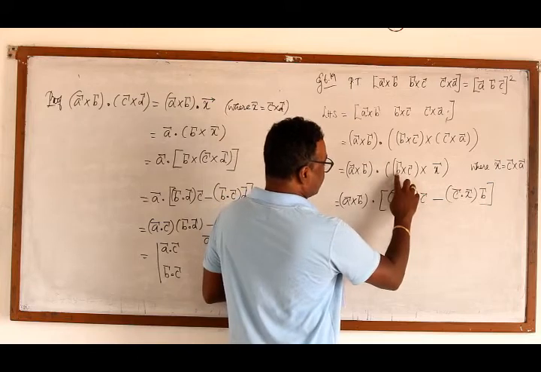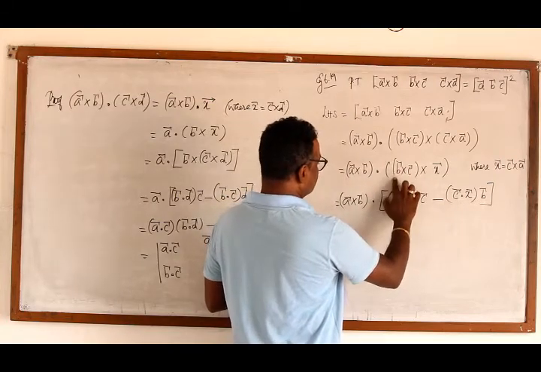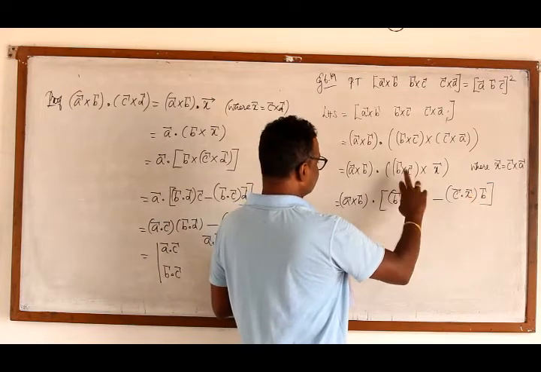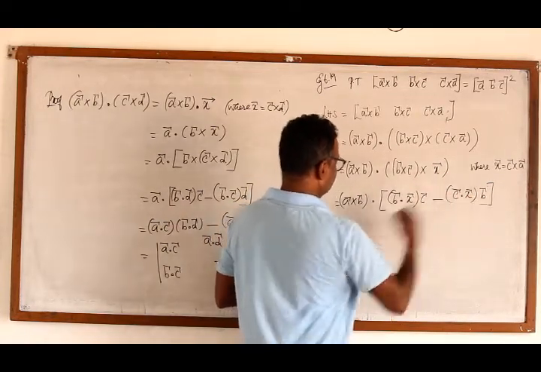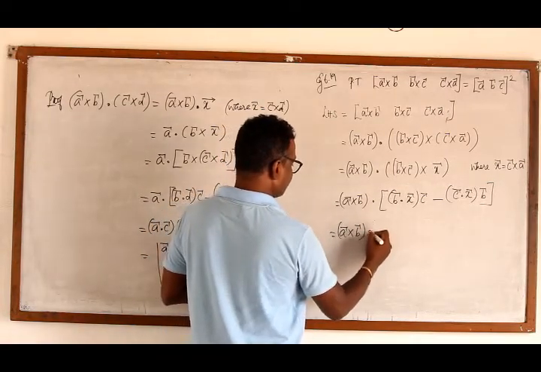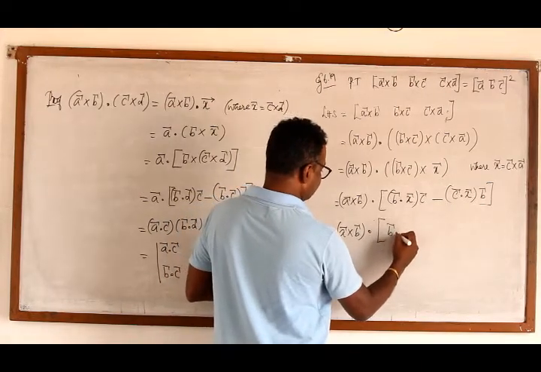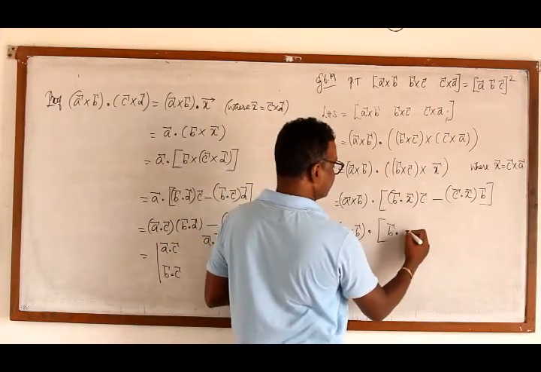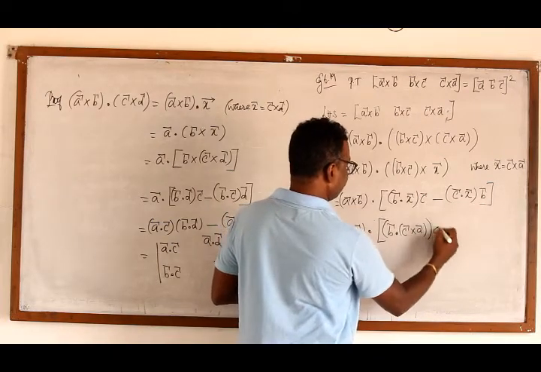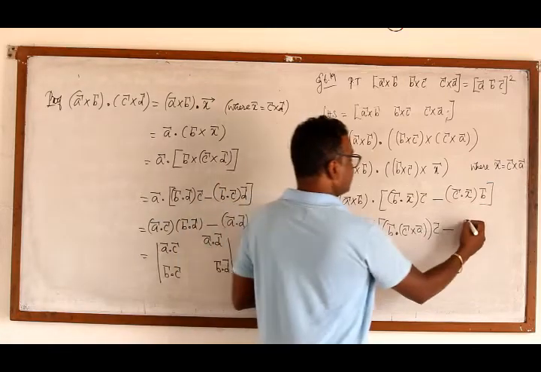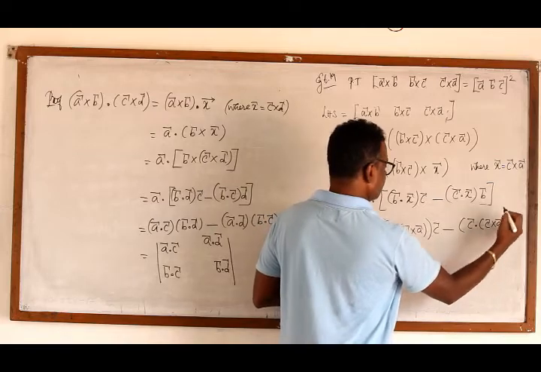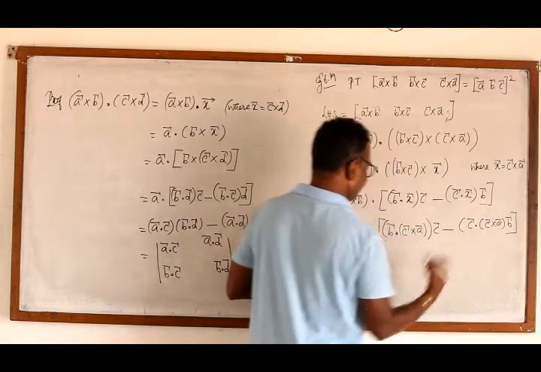Now can you substitute for x? B dot x is B dot C cross A, into C vector, minus C dot x, which is C dot C cross A, into B vector.